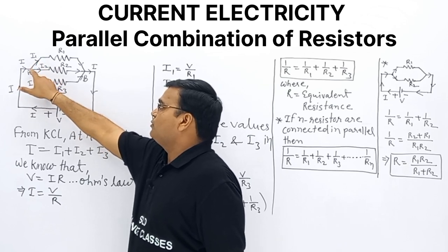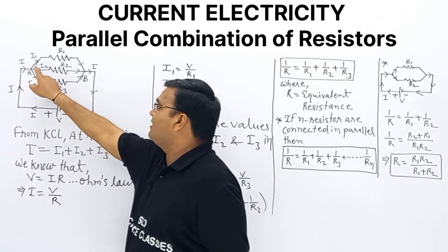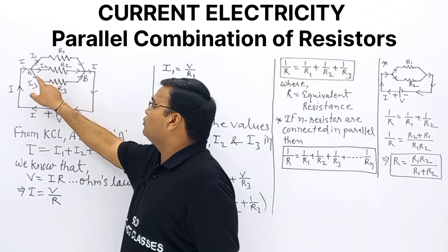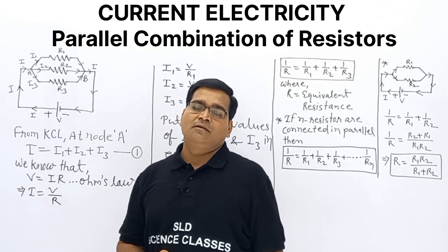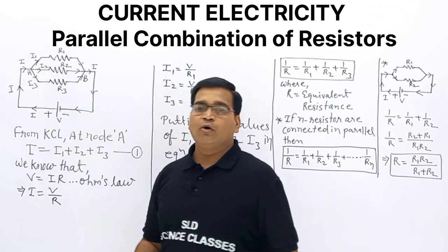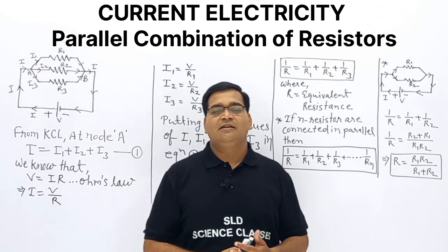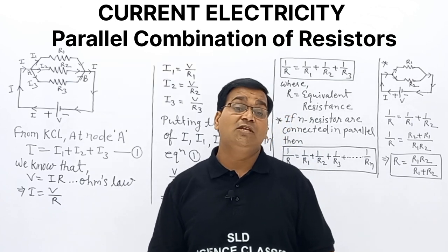At node A, the current I divides into I1, I2, I3 in three branches. Clear? So in a parallel circuit, current is not the same in each branch.